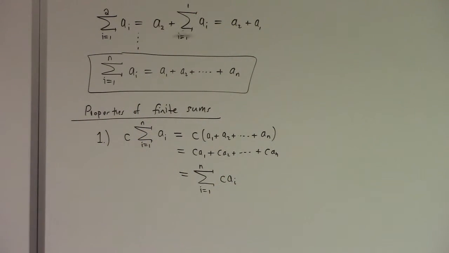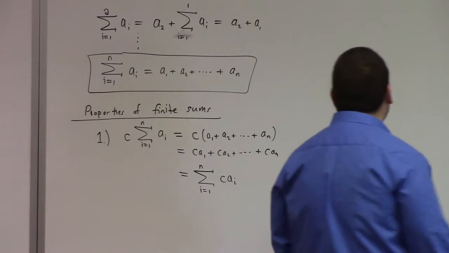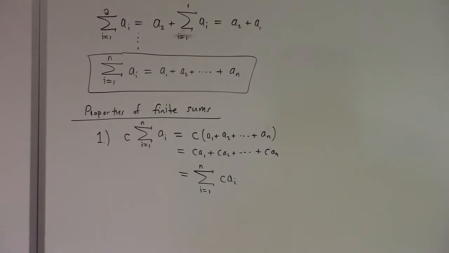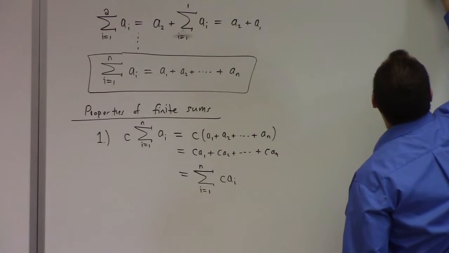So we can pull constants inside finite sums like this. It's nothing more than the n-fold distributive property of real number multiplication and addition written in a nice, slick notation. Well, I think it's nice. You can disagree. It's a judgment call, but I judge it to be nice. Again, you may judge otherwise.